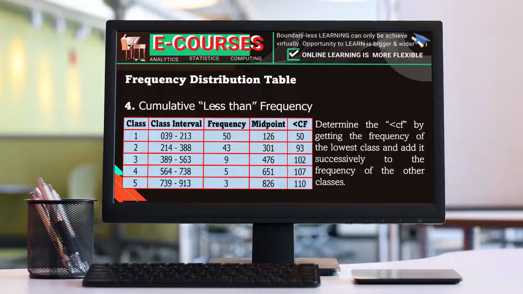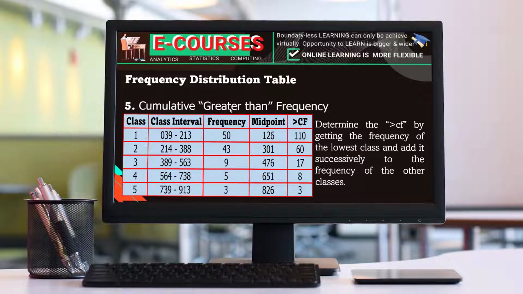What's the frequency in the class interval of 39 to 213? We copy 50 to the less than cumulative frequency. And 50 plus 43 is 93. 93 plus 9 is 102. 102 plus 5 is 107. And 107 plus 3 is 110.